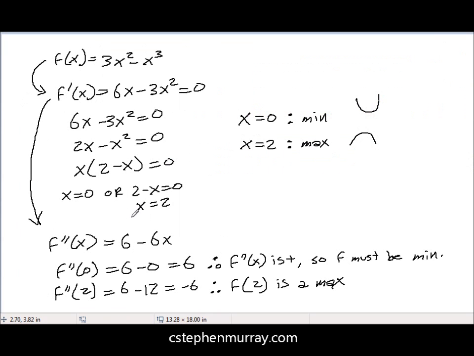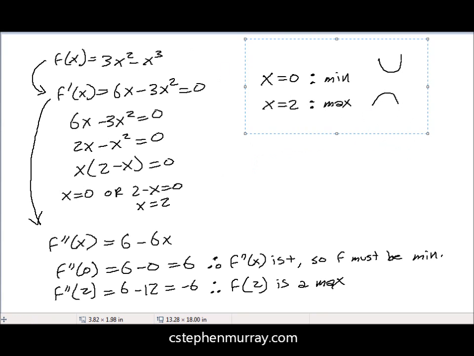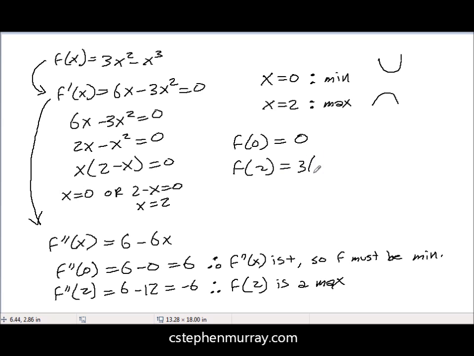Now, there's of course one other way of doing it. There are a couple of other ways, but an easy way is to take x equals 0 and x equals 2 and put them into the parent function. f of 0 equals 0, which doesn't seem to teach us much, but f of 2 is 3 times 2 squared, which is 4, minus 8.